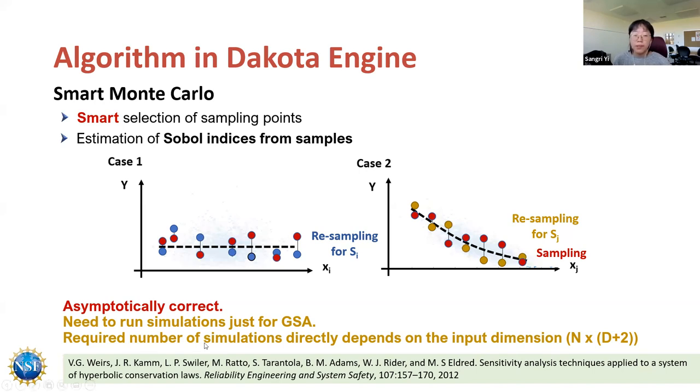And also, since we need to do this resampling process for each different parameter separately, the required number of simulations directly depends on the input dimension. So the complexity is n, the number of initial samples, times the dimension plus 2, but it is still much more efficient than pure Monte Carlo simulation.